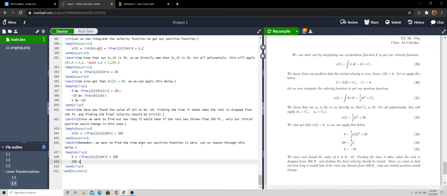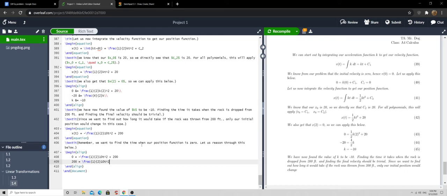So we just have 200 equals frac 1 2, 10 times t squared. So then just basically divide by 10, we get 200. Okay, so that's fine with me. Oh yeah, we still have a 1/2 there.